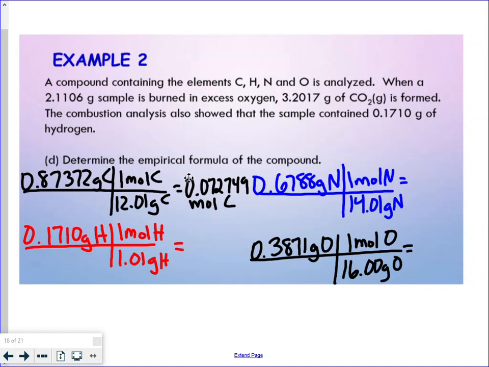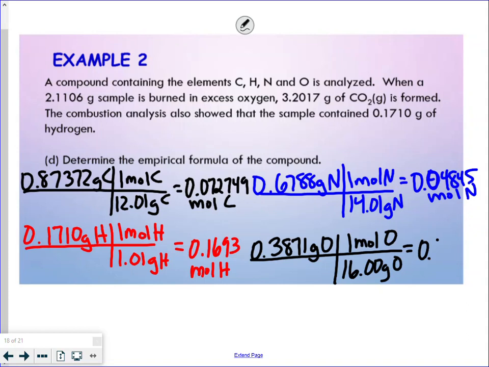One. That's nitrogen. Which one ended up being the smallest again?